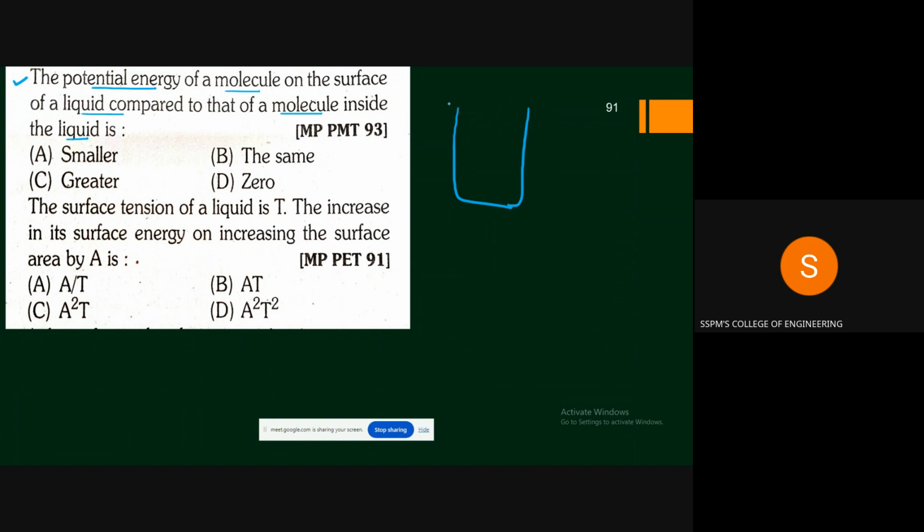If you consider this is the vessel, and this is the free surface of the liquid, then the potential energy of any molecule on the free surface is always greater than the molecule inside the liquid. So the correct answer is greater.